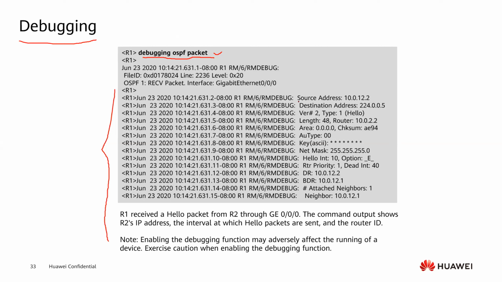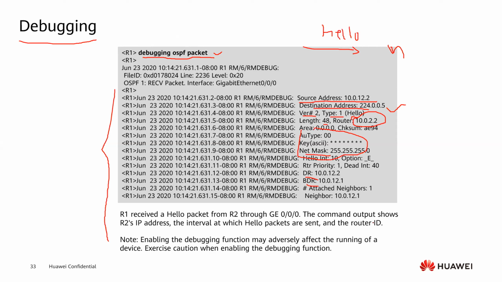Okay, we can see the source IP address, because the hello packet is encapsulated in broadcast mode, and the destination address is 224.0.0.5. We can see the version, type, and the packet length. This is the router ID, and the DR and the BDR, and whether we use authentication, and the network mask.